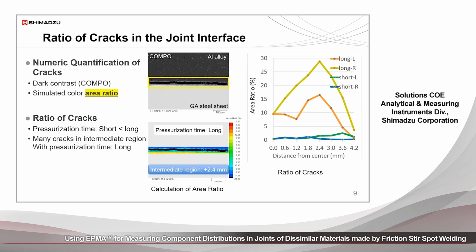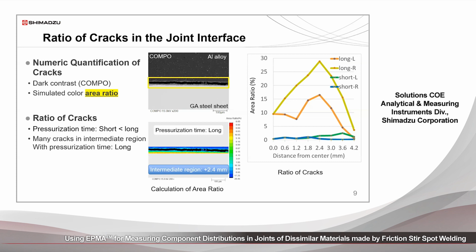Some observations: for the short pressurization times, the cracking is insignificant compared to the long pressurization times. In addition, the cracking area ratio, or the degree of cracks within the weld, is most pronounced in the intermediate region of the weld itself.